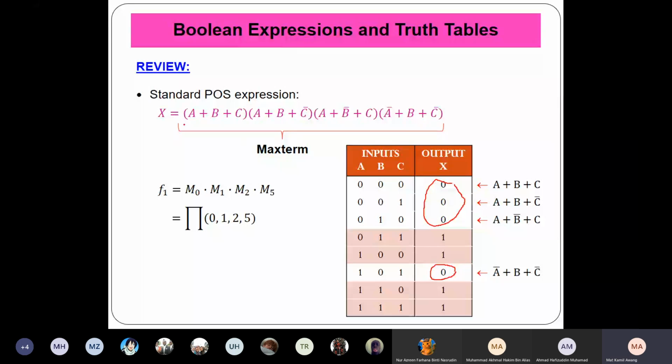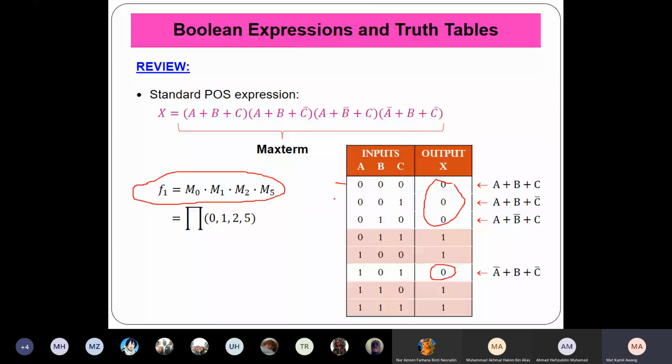So this is actually in the form of max terms. In terms of max terms, the function F1 is equal to max term 0, dot with max term 1, dot with max term 2, dot with max term 5. So this is max term 0 here.